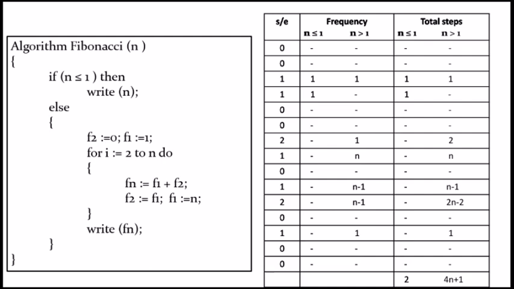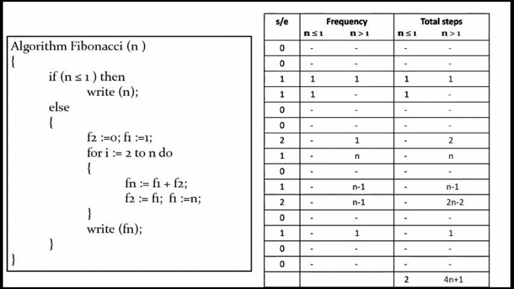So there are two statements and it will be executed n minus 1 times. So by multiplying it will be 2n minus 2. And the last step, that is write fn, this will be executed one time. So 1 into 1 will be 1.